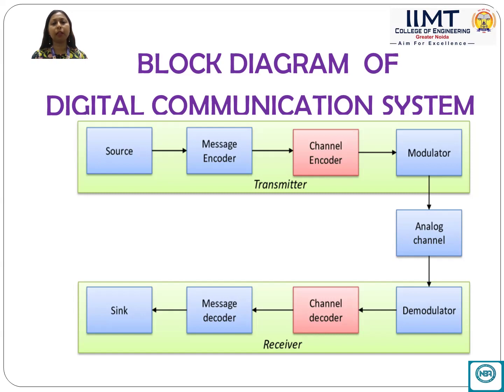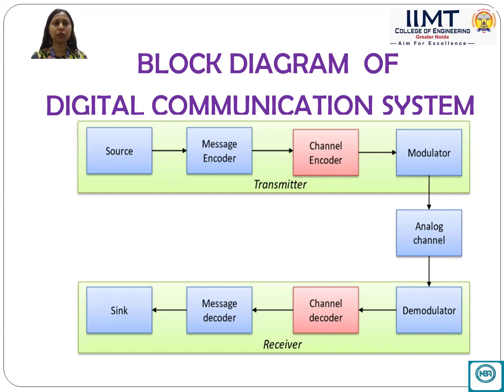After that comes the modulation part, and that is a very important part. In the modulator, the carrier signal and the information signal are added. As we know, our information signal has a very low amplitude, a low level of strength, so we cannot transmit that particular signal.